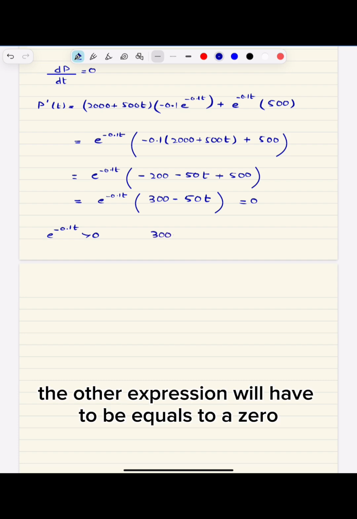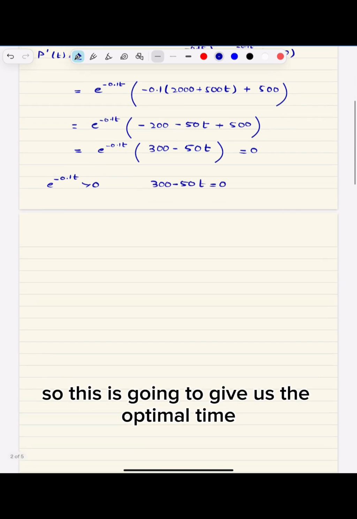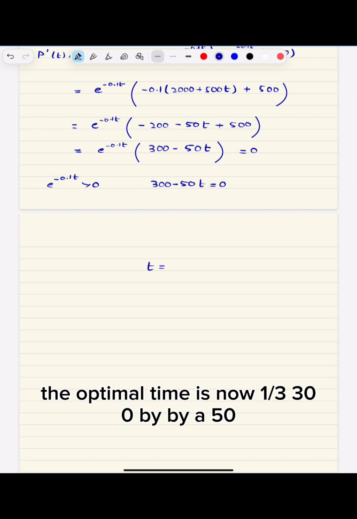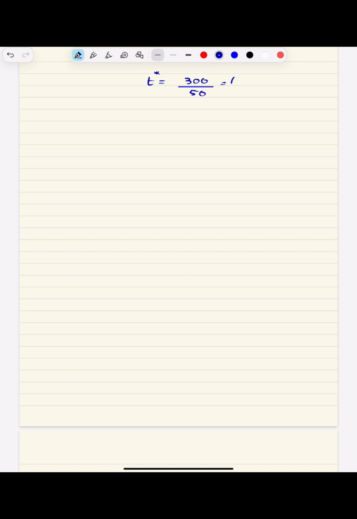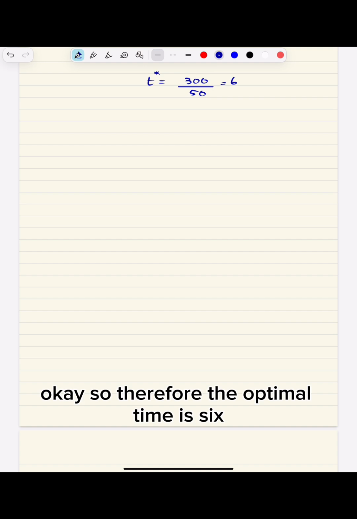Therefore, the other expression will have to be equal to 0. So this is going to give us the optimal time. The optimal time is now 300 divided by 50, which gives us 6. So therefore the optimal time is 6.